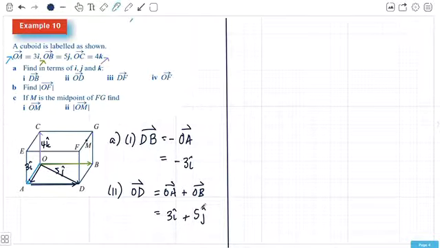So that would be your vector from O to D. 3I plus 5J.